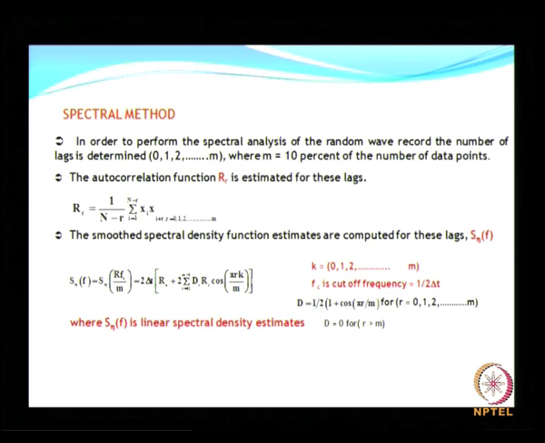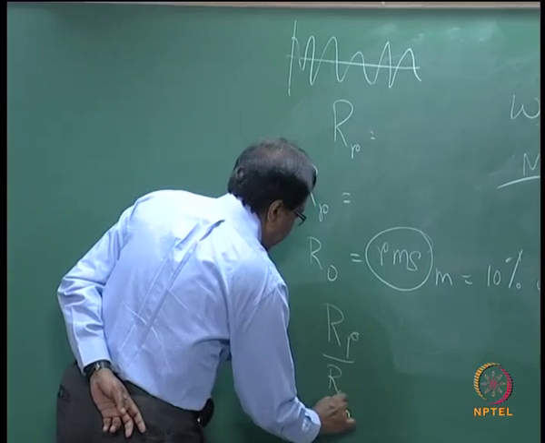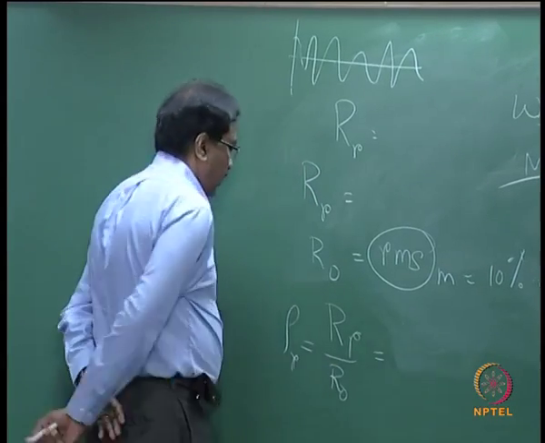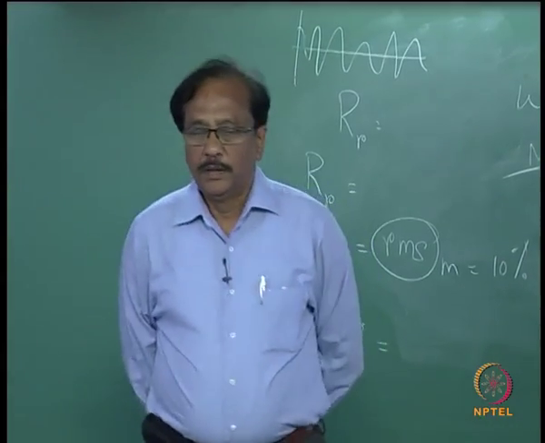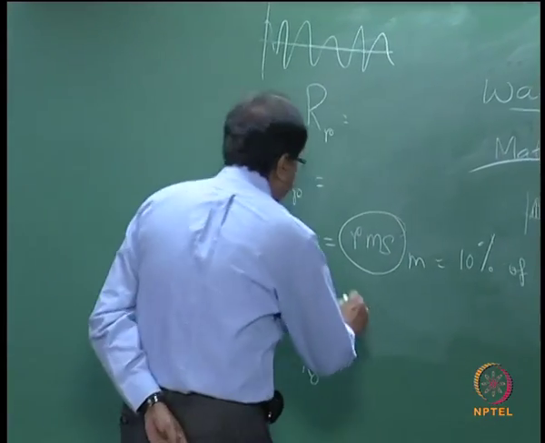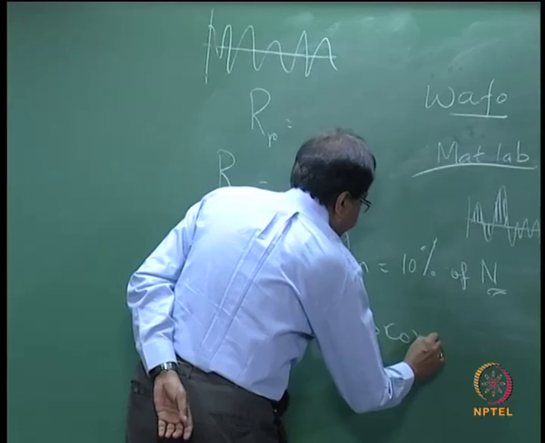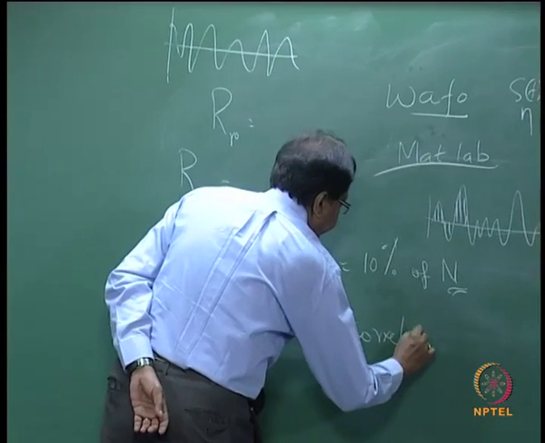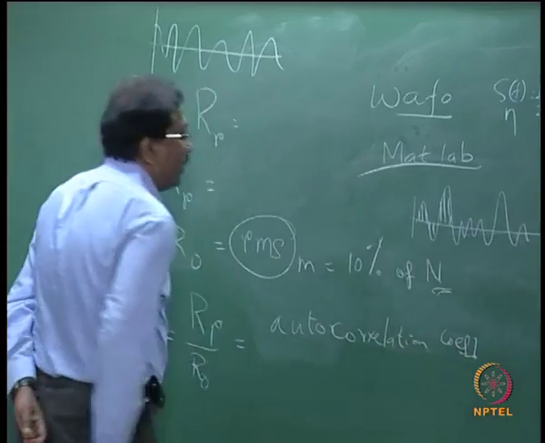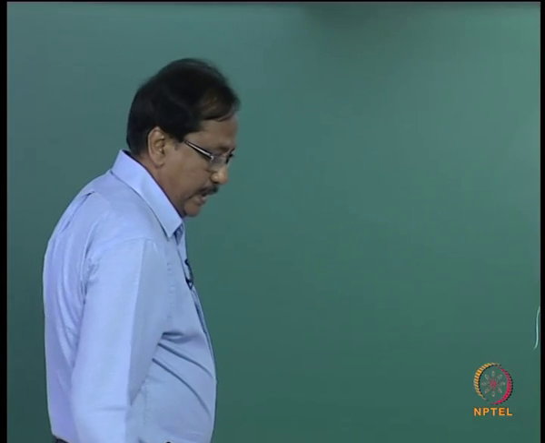If you draw R_r divided by R0, this is what is called the autocorrelation coefficient. What does the autocorrelation coefficient indicate?